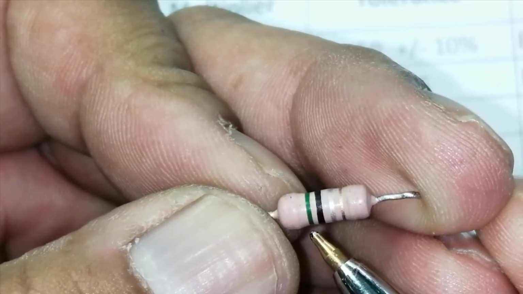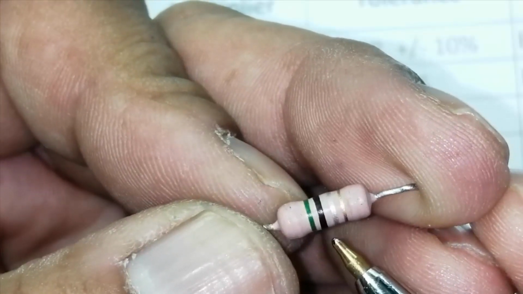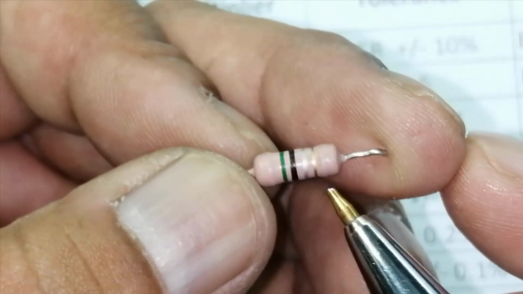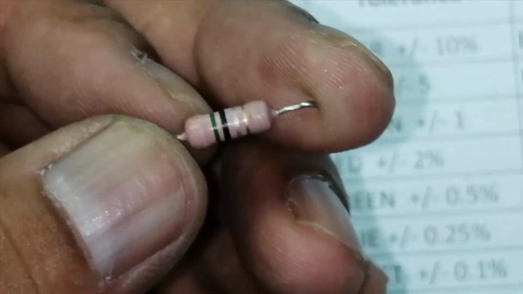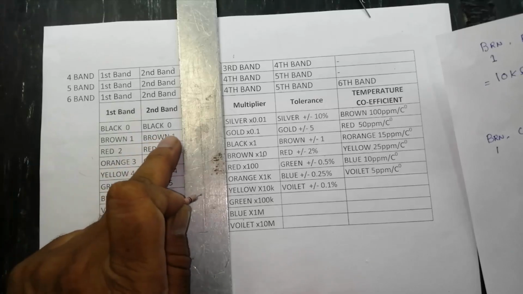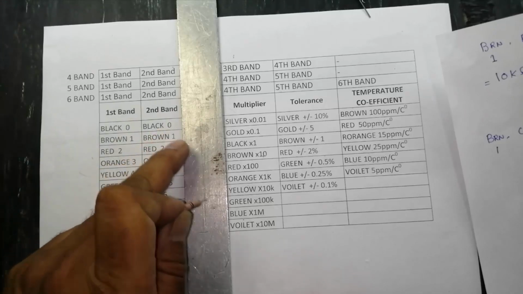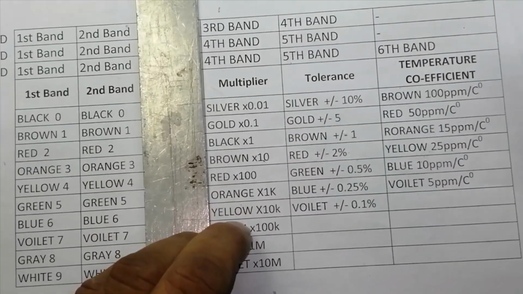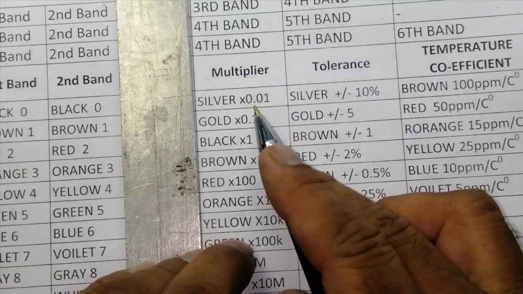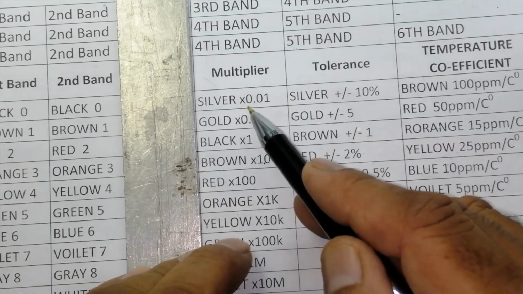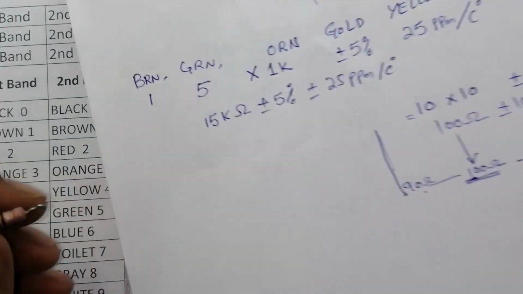Next it is green, brown, silver, and then gold. Green is 5, brown is 1, so 51, and silver is multiplied by 0.01. So 51 multiplied by 0.01 is 0.51 ohm.